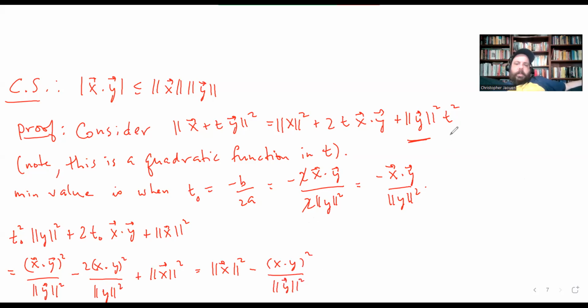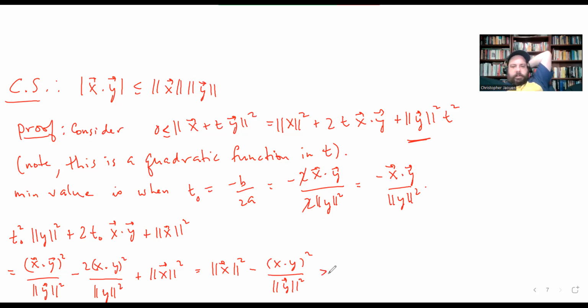Okay, and we know that this is always greater than or equal to 0, because it's a square of real numbers, right? It's always non-negative.